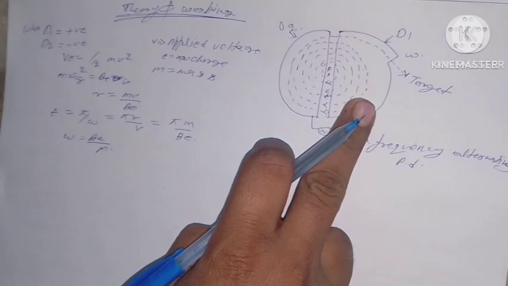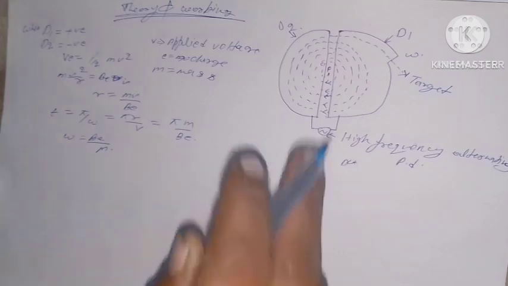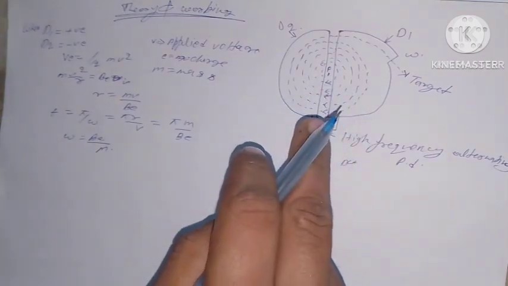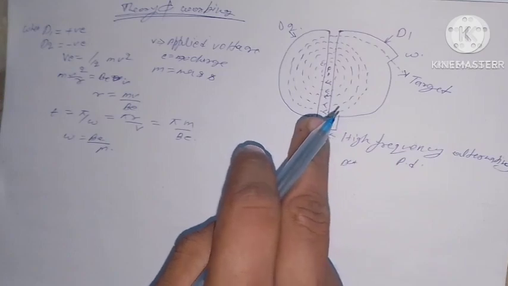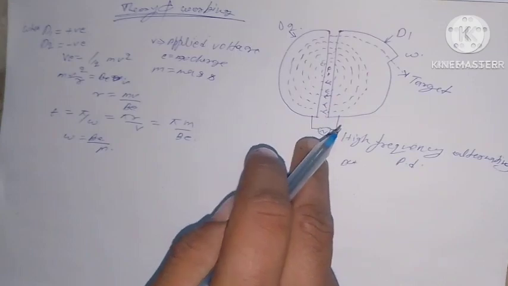Every time the particle emerges out of the dee, the direction of the voltage is reversed and the particle is accelerated across the gap. The path of the particle will be a spiral, and it will finally come out in the direction indicated through the window W.